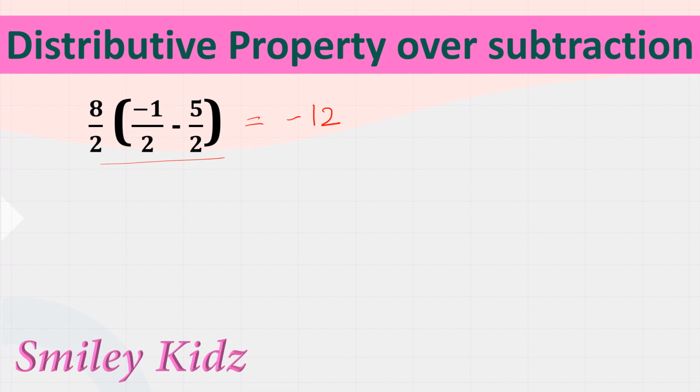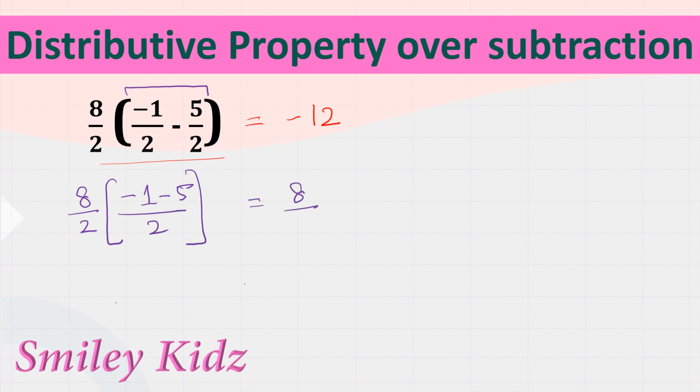Let's cross check. First, let's solve the brackets part. 8 by 2 multiplied by (minus 1 minus 5 by 2). Here we are having same signs, so we can add and put the bigger number's sign, which is equal to minus 6 by 2.